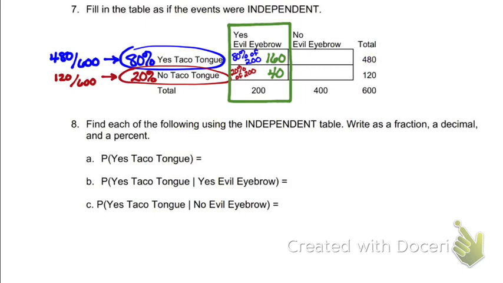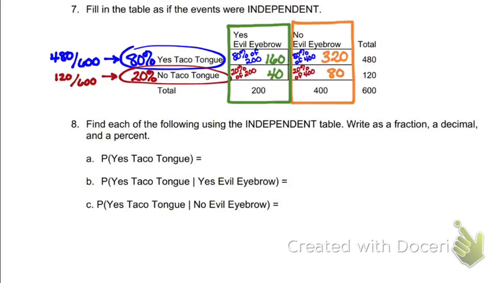So what will go here? 320, 80% out of these 400. So what would we expect to have here? 80, yes. Again, this is if they were independent.